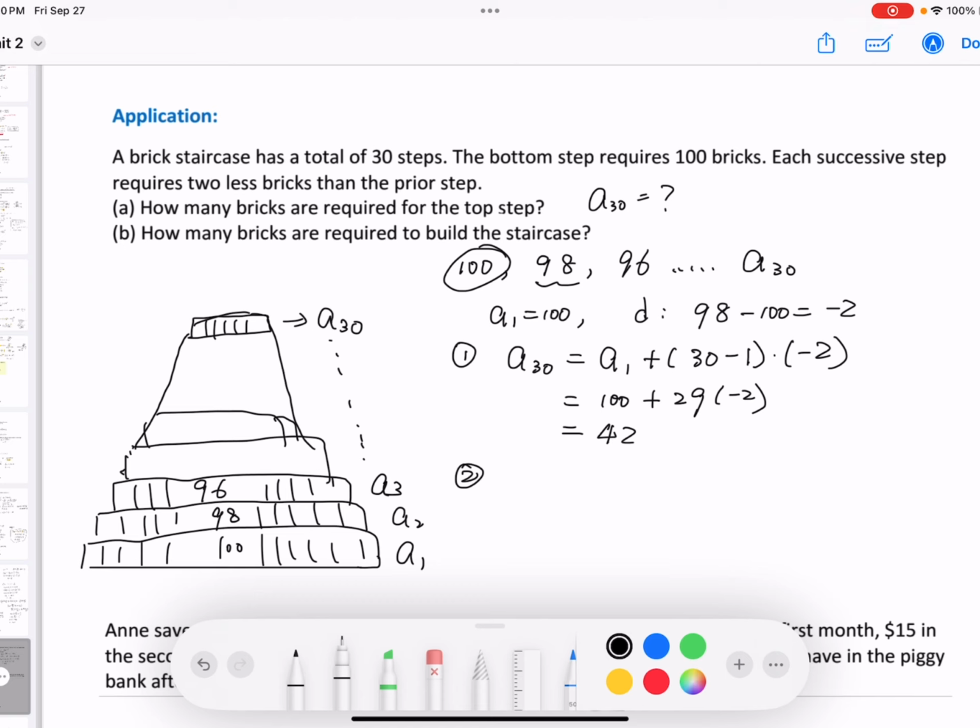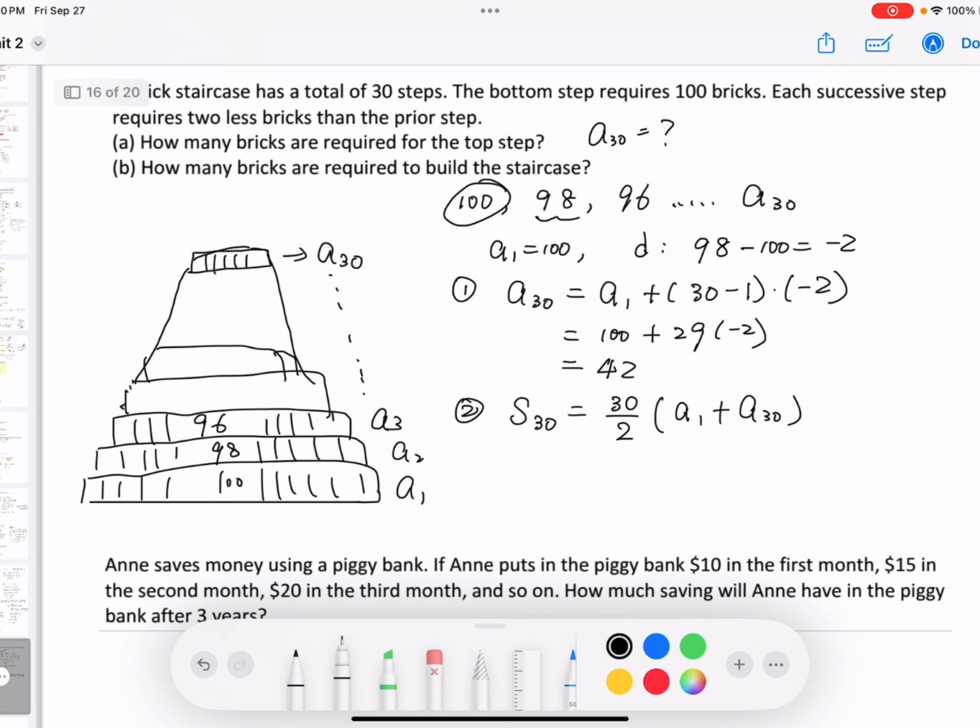And number 2, how many bricks are required to build the staircase? So it's looking for the series. So S sub 30 is equal to 30 over 2, or you say N over 2, multiplied by A sub 1 plus A sub 30. So we know A sub 1 and A sub 30. So 30 divided by 2 is 15. 15 multiplied by 100 plus A30, which is 42.